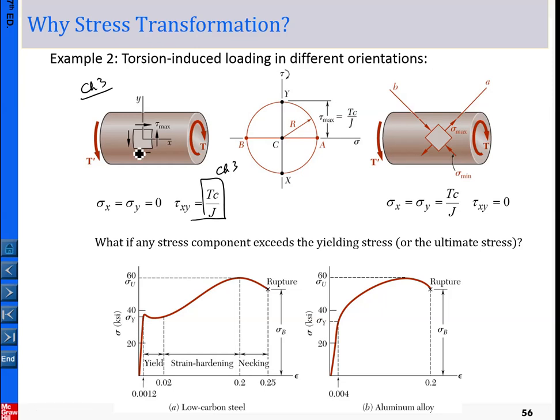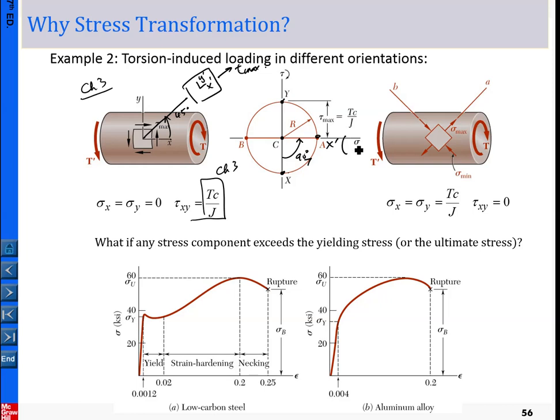So again, under these situations, this is the y coordinate, and the corresponding point is here. So in this case, if we rotate to try to find the principal direction, principal stresses, so this is 90 degrees, such that this is 45 degrees in that new transformed orientation x prime, y prime. For example, x moves to x prime here, and basically the normal stress, how much is it? It is tau maximum.